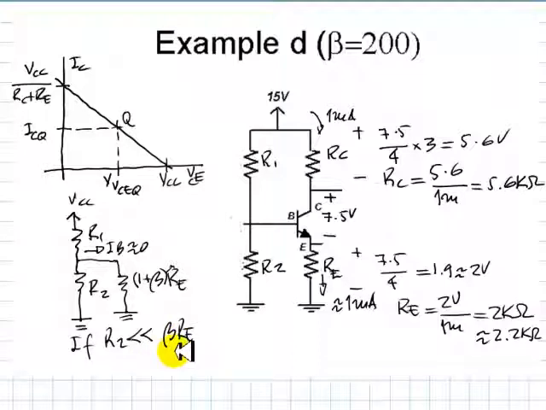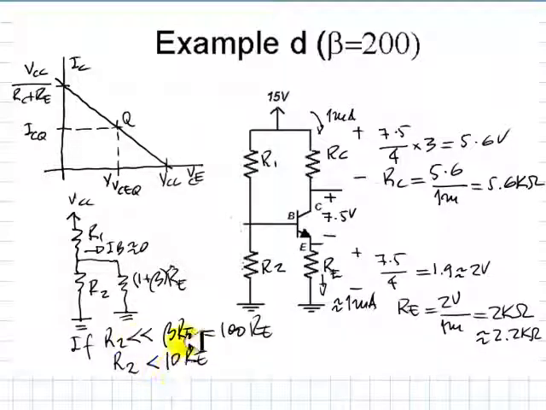So we choose a rather smallish value for beta, let's say 100. The rule of thumb in industry then is to choose R2 less than 10 times RE.